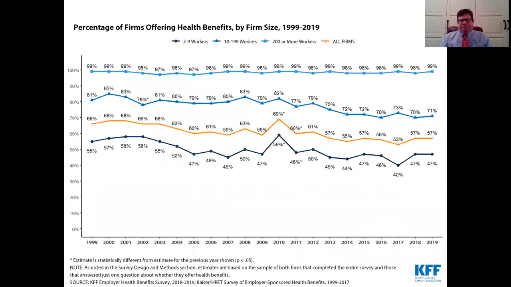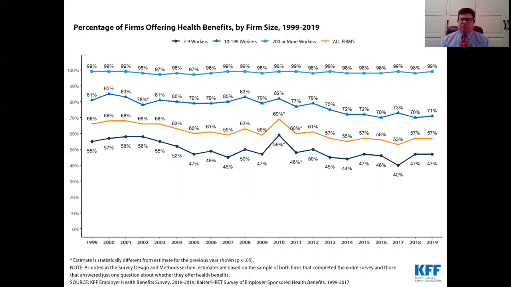private health insurance. I did mention here that the larger the firm that you work for, the more likely it is that they are going to offer health insurance. So of those firms with 200 or more workers, almost 100%, 99%, offer some type of health care for their employees.